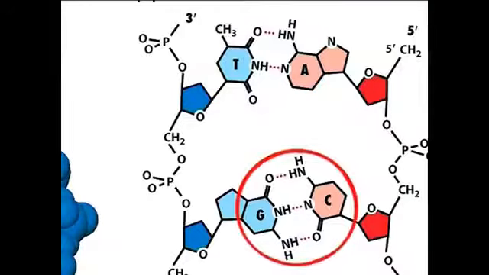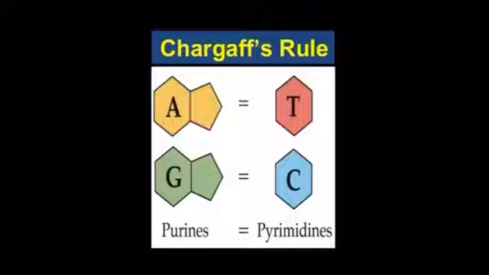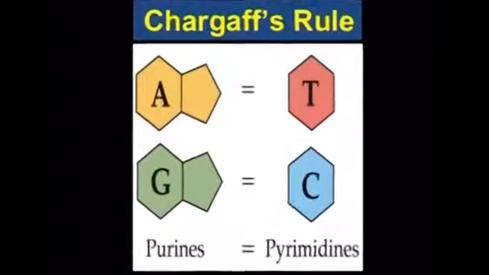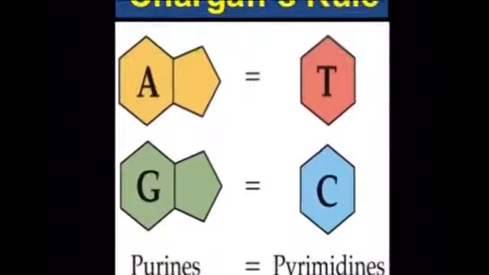Guanine is paired with cytosine through three hydrogen bonds. It provides the rationale for Chargaff rule that in any DNA, adenine is equal to thymine and guanine is equal to cytosine. The offset pairing of two strands creates a major groove and minor groove on the surface.